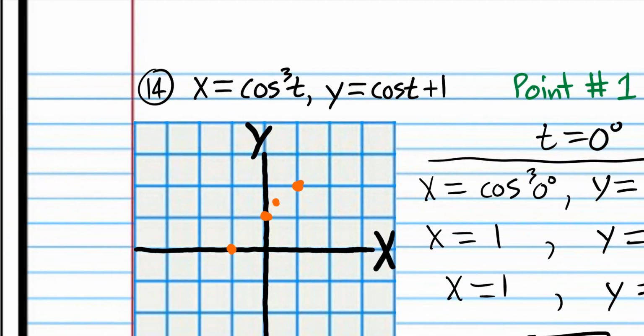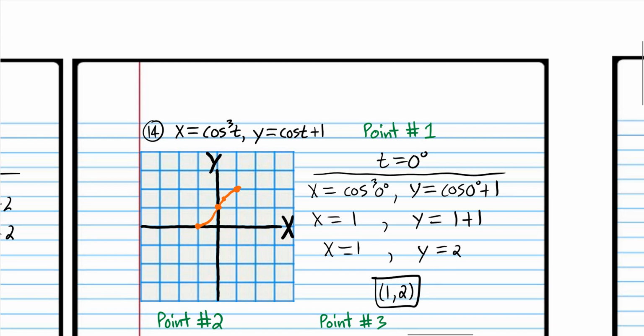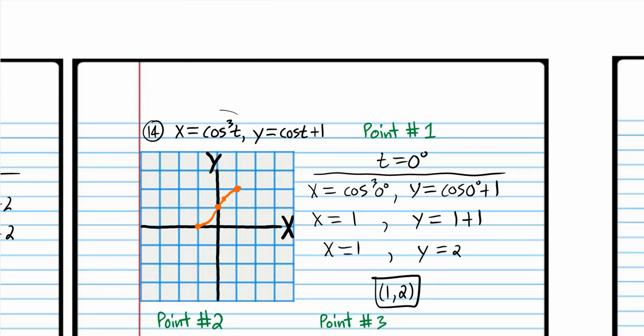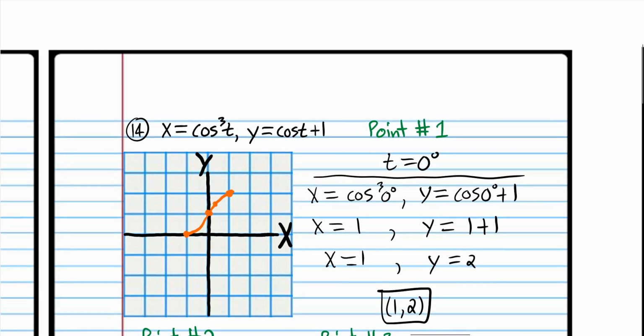So if we look at our calculator, we see that the range is restricted. So we can't use arrows. And the reason that we have restrictions is because cosine is limited to values between negative 1 and 1. And so the smallest y value would be 0, and the biggest y value would be 2.